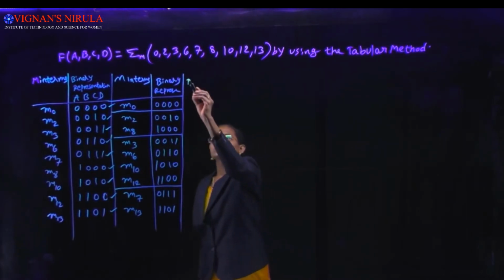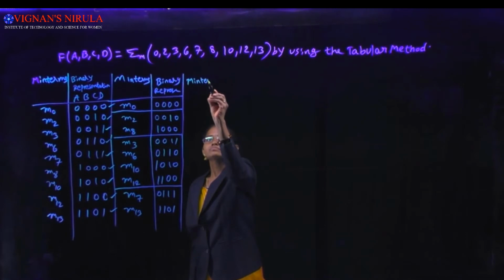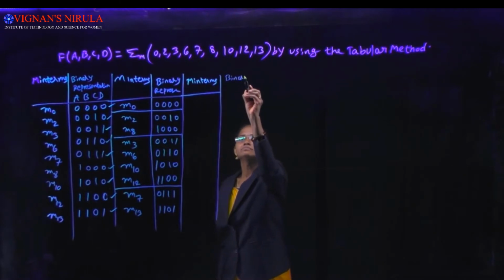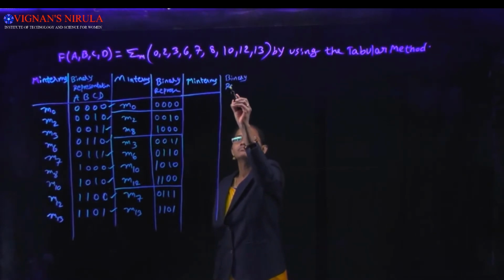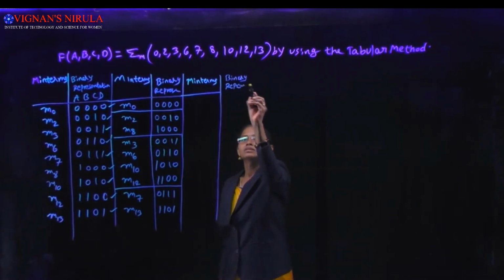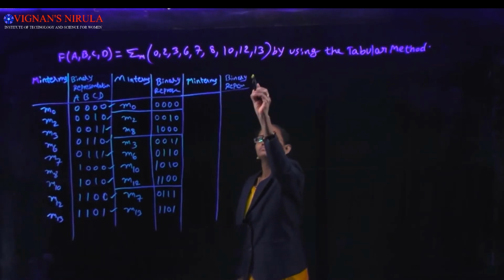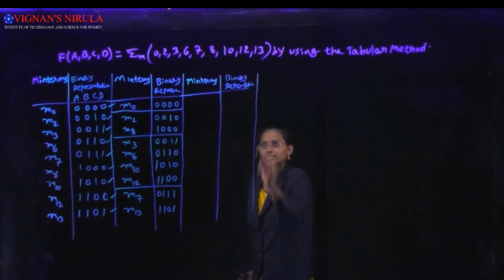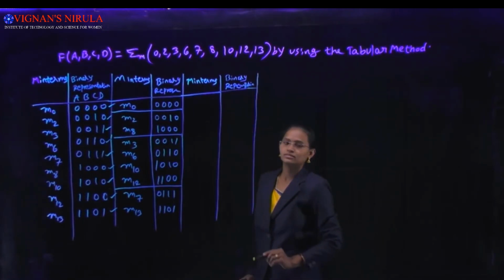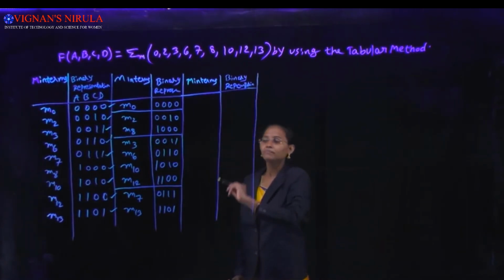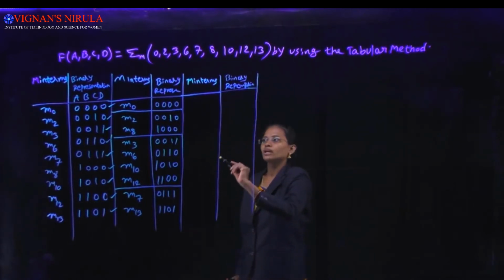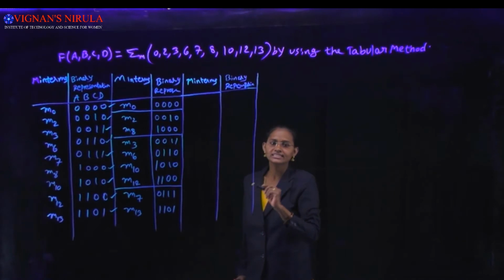And next min terms and next binary representation. Here in the third step we compare each group, where at least one difference is there.